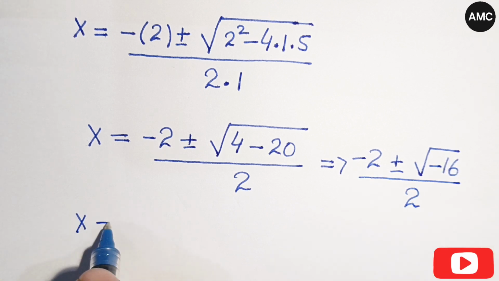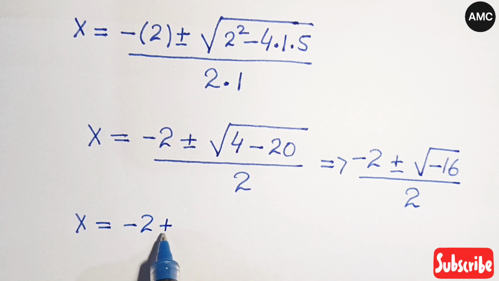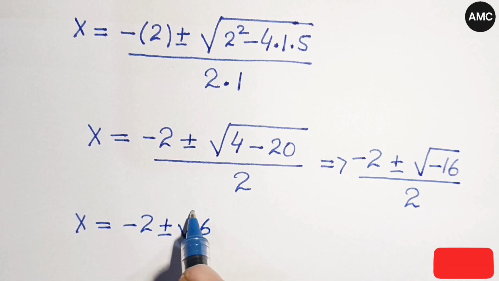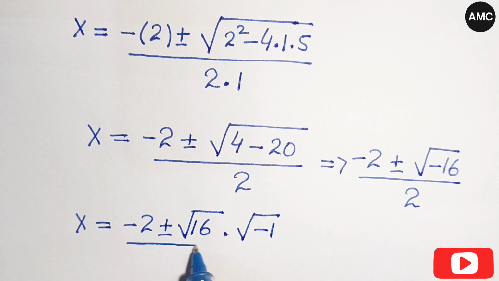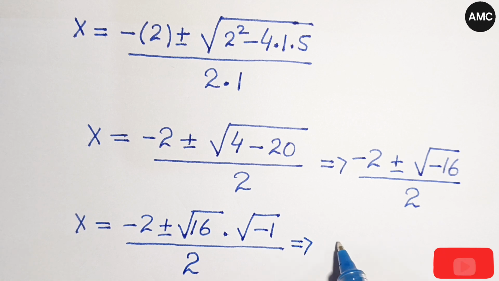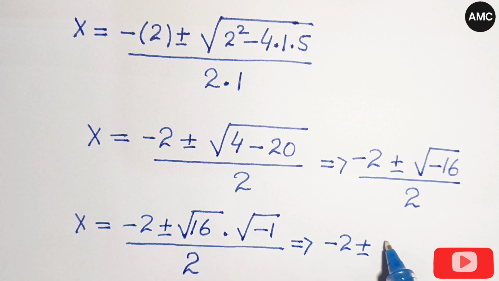Now x is equal to minus 2 plus minus square root of minus 16, which can also be written as square root of 16 times square root of minus 1. We just write separately that minus 1 times square root of 16 all over 2. So here minus 2 plus minus square root of 16, it is equal to 4, and square root of minus 1, it is equal to i, all over 2.